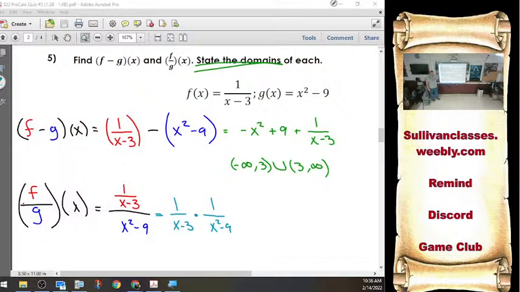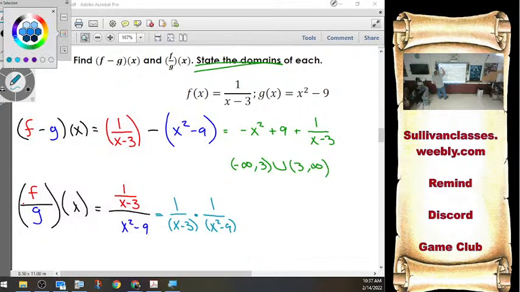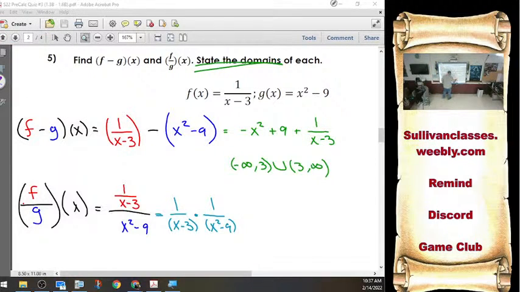And multiplying fractions is just numerator times numerator, denominator times denominator. Just distribute. X cubed minus 3x squared minus 9x plus 27.